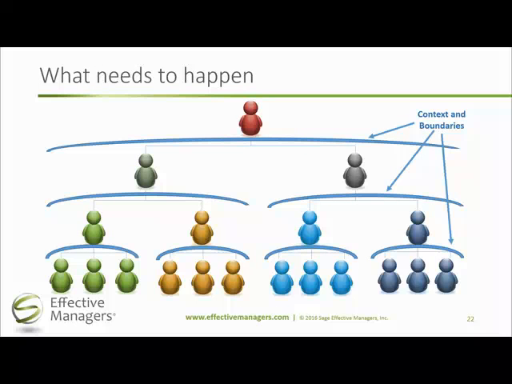So what we're really thinking about is how do we ensure that in organizations we're putting in place a series of context and boundaries so that there's a common understanding everywhere in the organization about how we collaborate together. So in the CFO and COO situation, there's a discussion up front in terms of a different kind of reporting system and what the implications are.